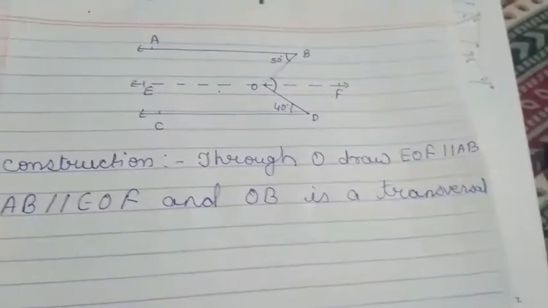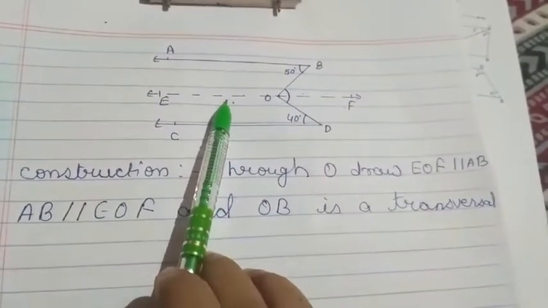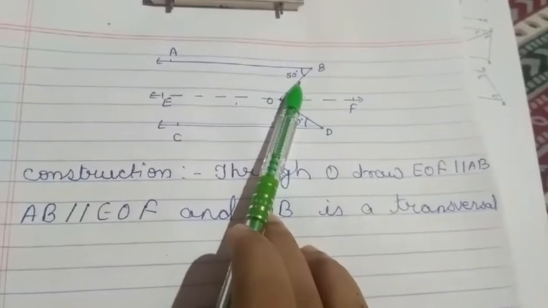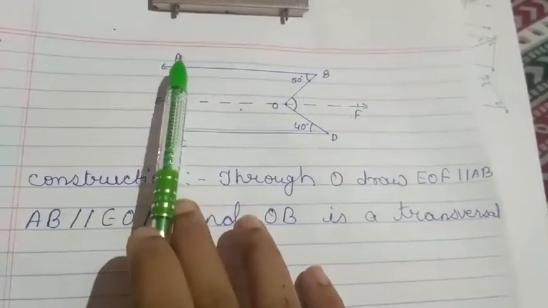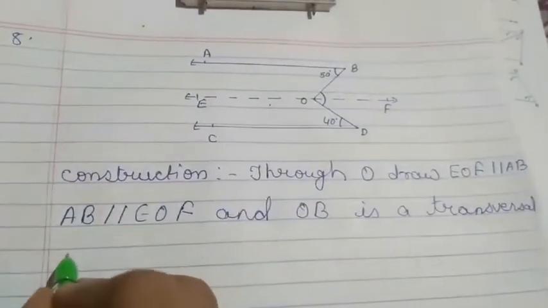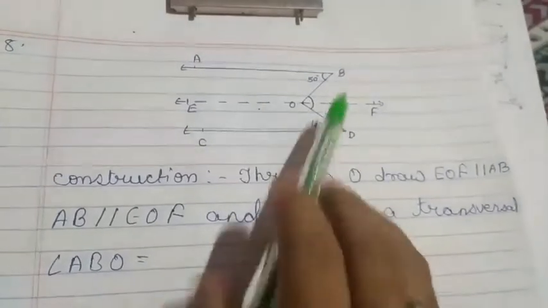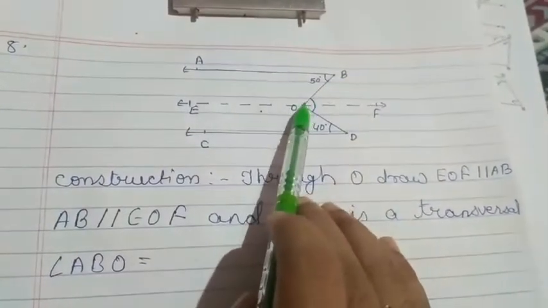Okay, so when these two lines are parallel and this one is transversal, it means angle ABO equal to angle BOF.